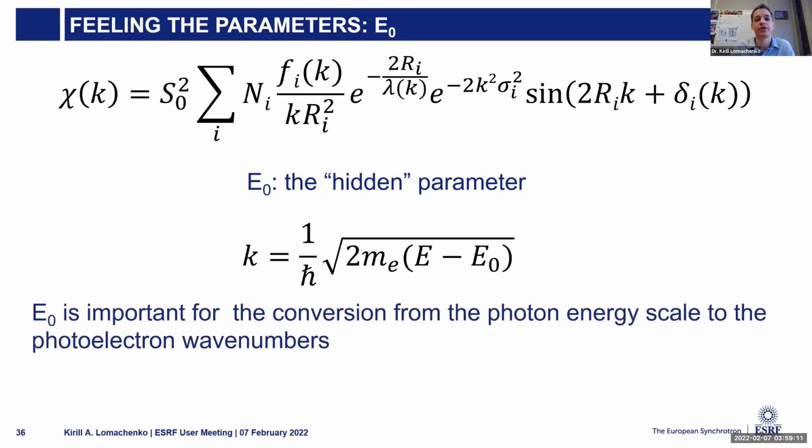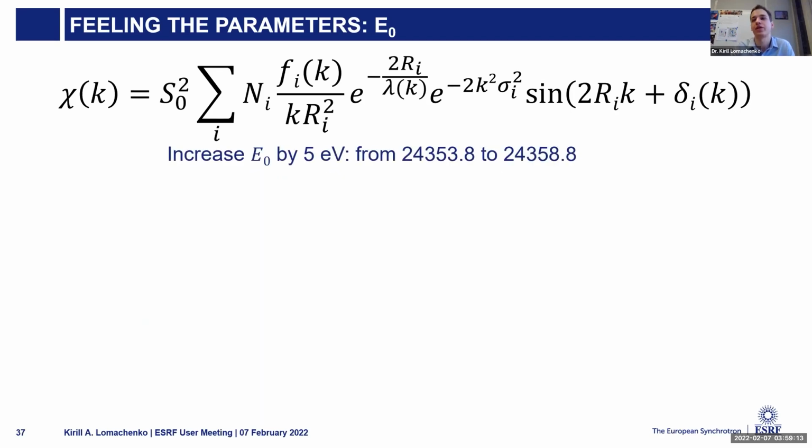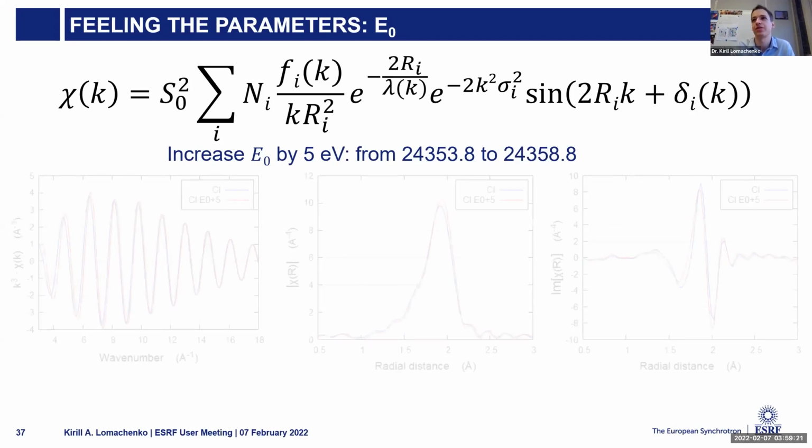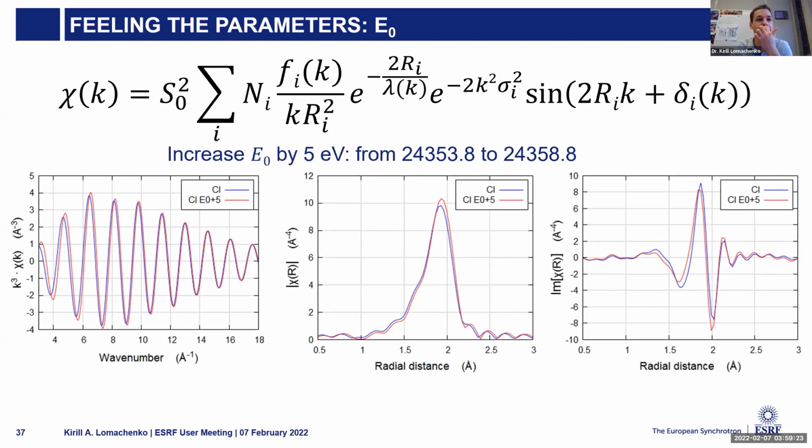So E0 is important, and it influences the data quite a lot. If we change E0 by 5 electron volts with respect to what we set as the maximum of the first derivative for the palladium K-edge for this particular spectrum, you can see that the whole picture changes.